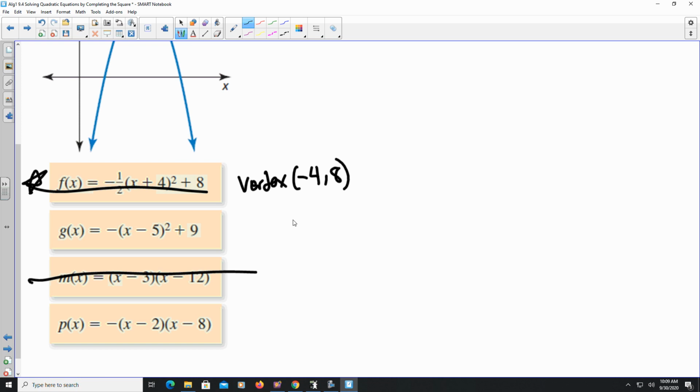So what I'm left with is two possible scenarios. So I've got this one here. This tells me that my vertex is at positive 5 comma 9. So we still have a possibility there. And we have another one. I don't know what the vertex is, but they tell us here that the x-intercepts are going to be 2 and 8.